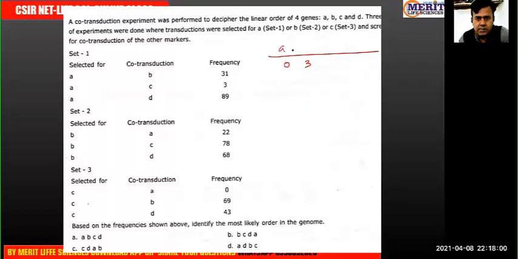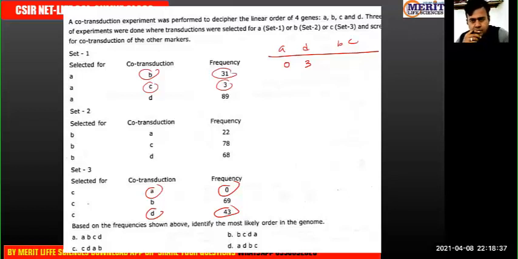How is this ADBC? 0, then C should come, no? Okay, C is not given anywhere. Frequency is 3. Right. And then D frequency is 43. ADBC. B lowest 31.